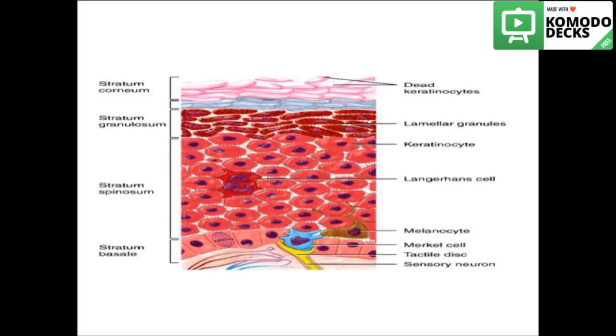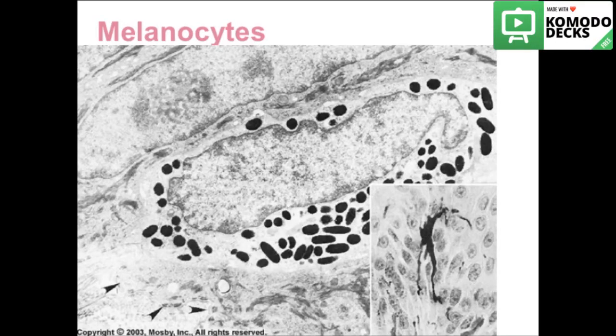Here is a section of keratinized epithelium composed of stratum corneum, stratum granulosum, stratum spinosum, and the stratum basale. The melanocytes are melanin synthesizing cells.